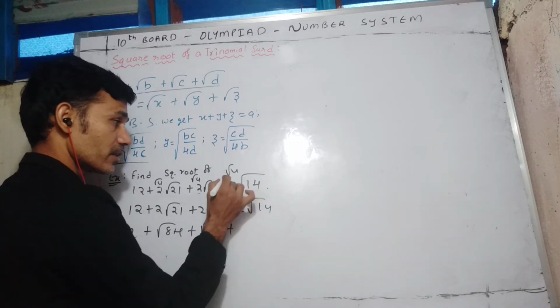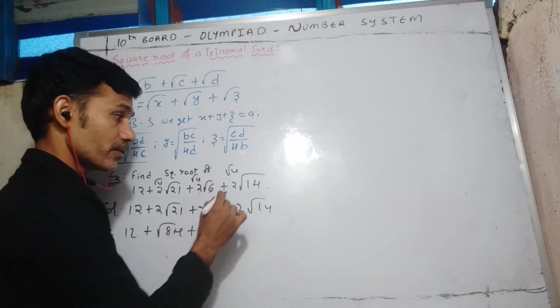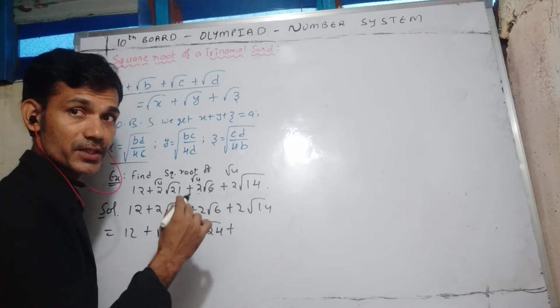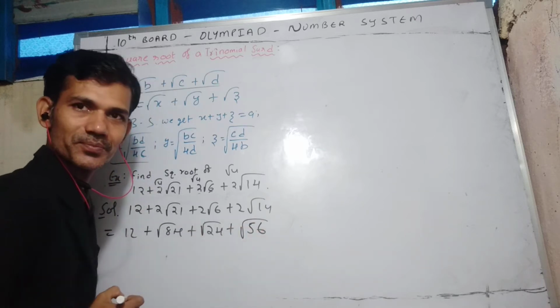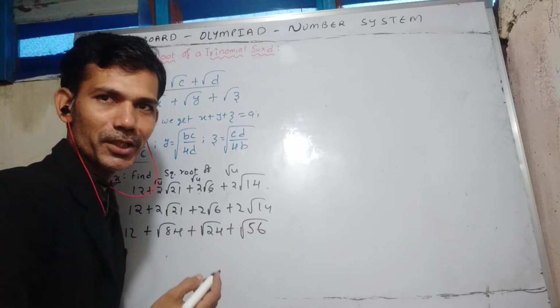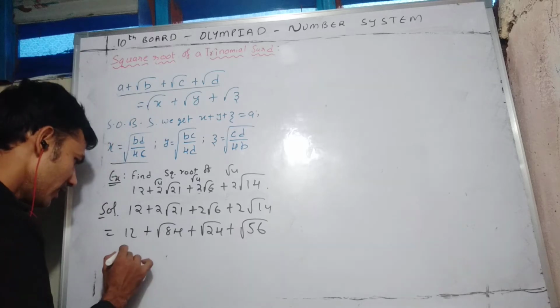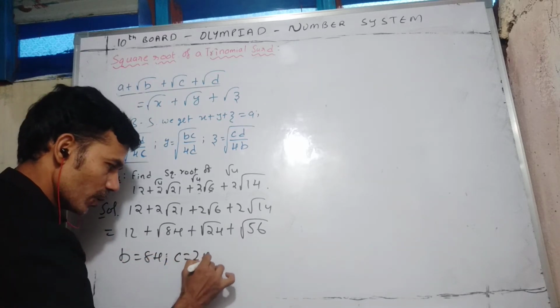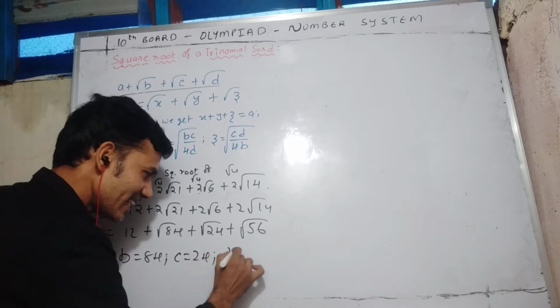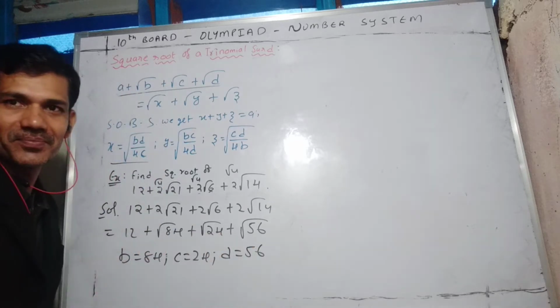Here also square root of 4 into square root of 14, using laws of radicals, that is square root of 56. Now we got the b value, c value, d value. B is 84, c is 24, d is 56.